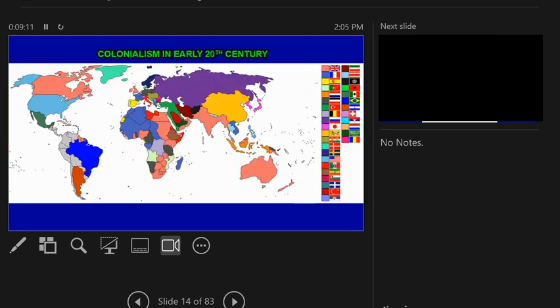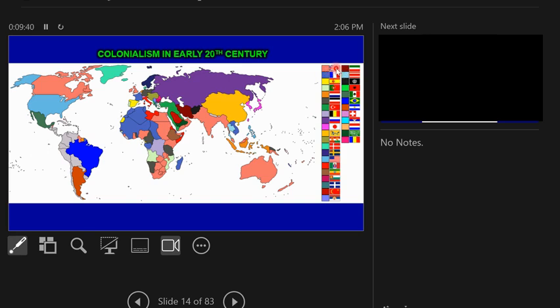I did talk about colonialism quite a bit for the 19th century lectures, and it's still a big deal in the early 20th century. This map shows you what parts of the world are under which European countries. So, for example, over here, I'm going to get my laser pointer. Over here, there's all these flags.